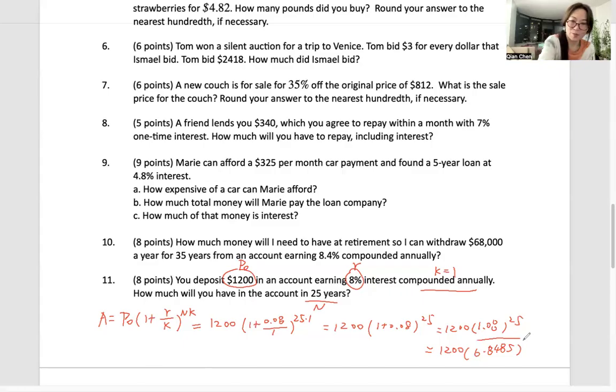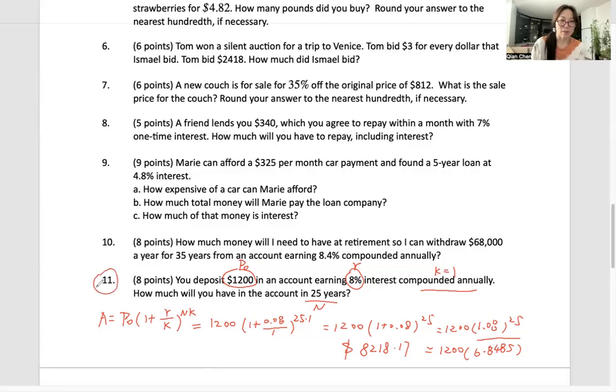Then we multiply this number by 1200 to get $8,218.17. If you press 1200 first, then multiply by 1.08, then raise to 25, that would be wrong.